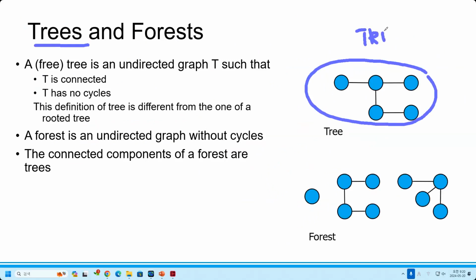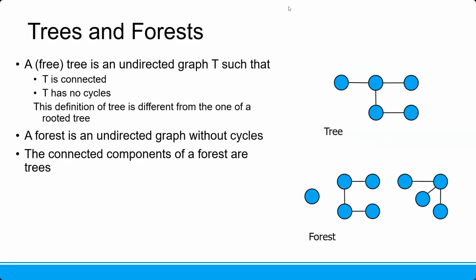Okay, so if you still remember the tree data structure, but this is different. The tree data structure is different from the tree in the graph. They are different. What is the difference? You can see here.